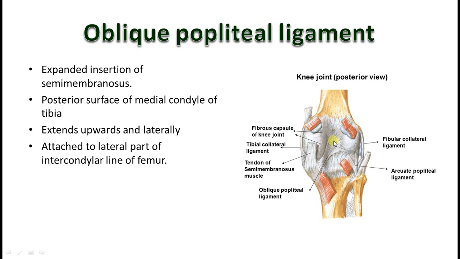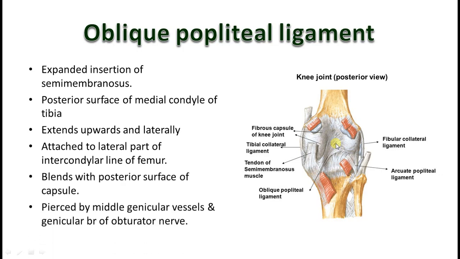It merges with the capsule and strengthens the capsule posteriorly, and in the middle it is pierced by the middle genicular vessels and the genicular branch of the obturator nerve. So that is about the oblique popliteal ligament, which is an expansion from the semimembranosus. So you can see three ligaments which are some type of modification of these three muscles.